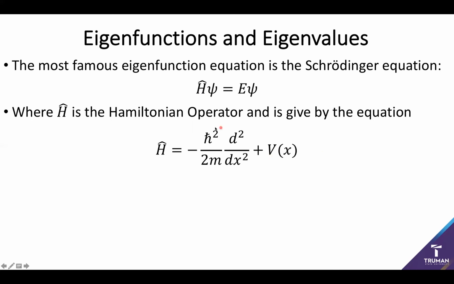We're going to be spending several weeks really diving into this Hamiltonian operator because there's a lot to unpack here. And so I can apply my Hamiltonian operator to my wave function, and I should get my energy back and my wave function.